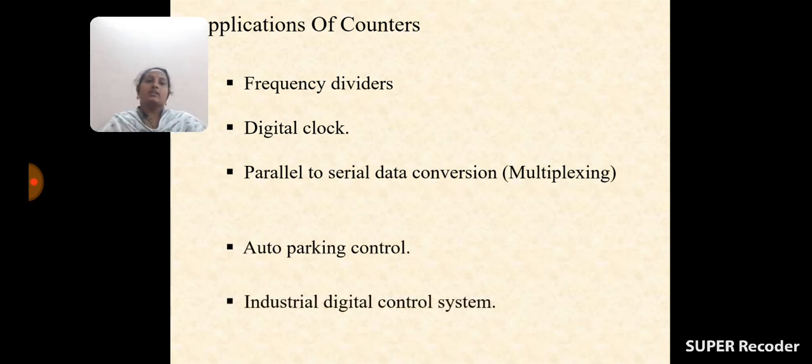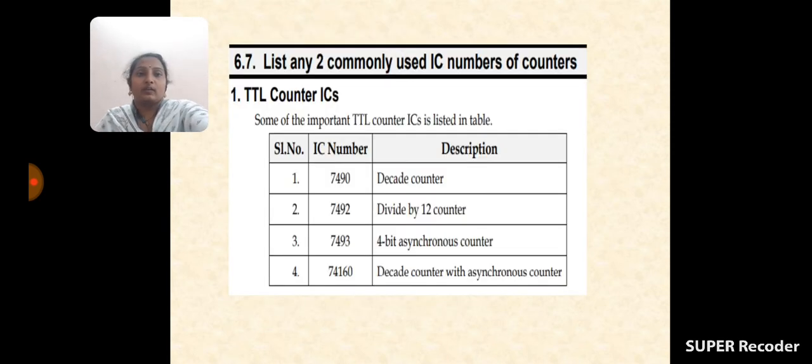These counters are used in frequency dividers, digital clocks, parallel to serial data conversion, that is called multiplexing, and also in auto parking control systems. The applications are the same for all the counters.